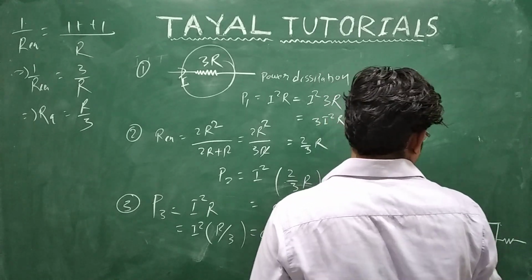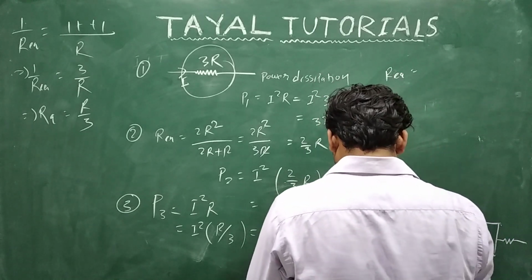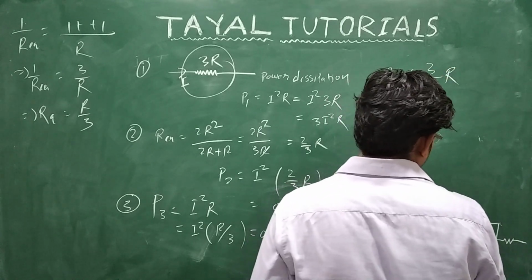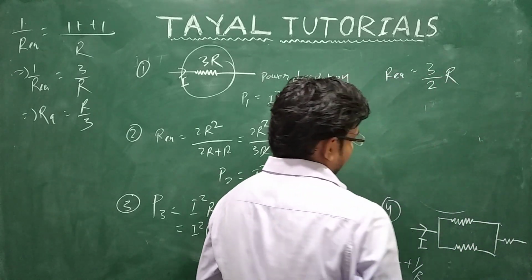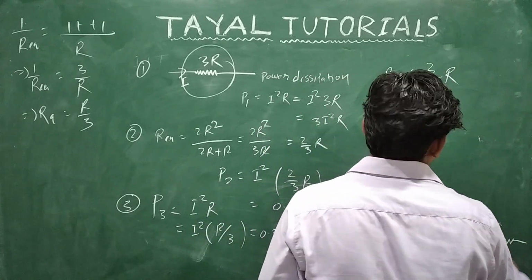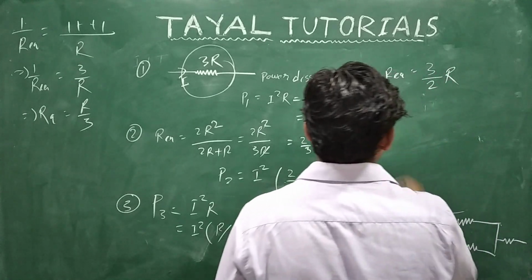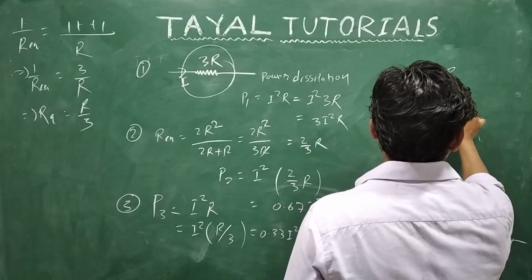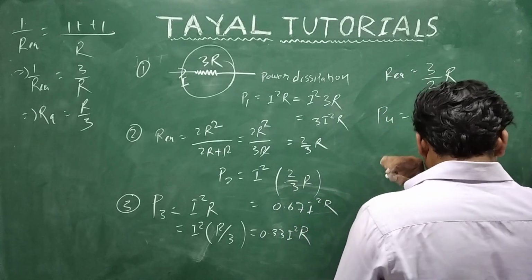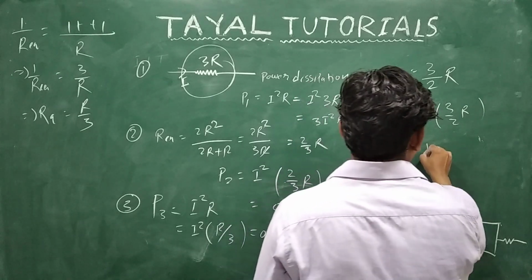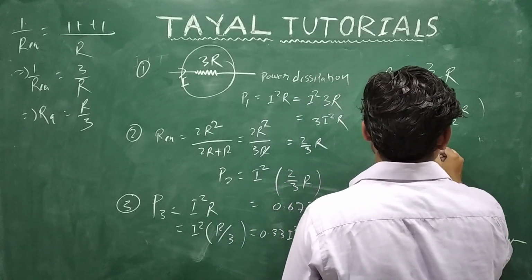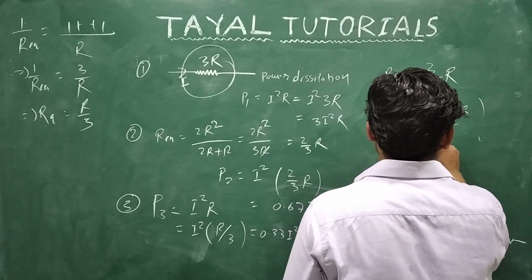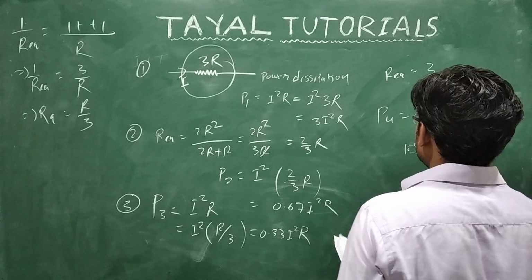R equivalent will be 3 by 2 R, because these two give R square by 2R, and that in series with this gives 3 by 2 R. Now P4 is equal to I square into R equivalent, I square into 3 by 2 R, so we get 1.5 I square R. So this is your P4.